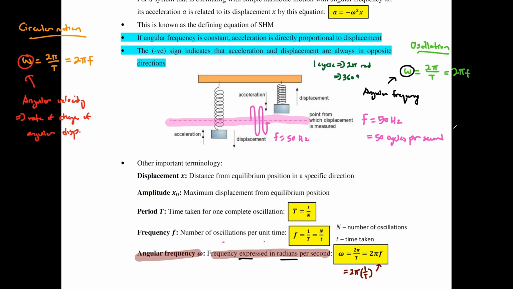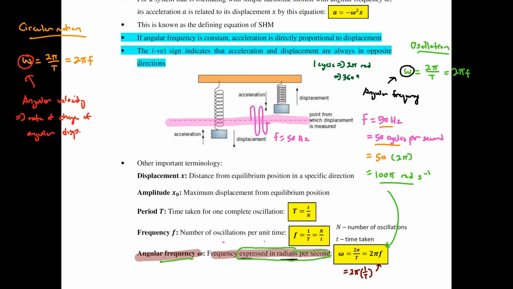So now, if I know that my frequency is 50 hertz, I have 50 cycles per second. If I take that 50 and multiply it with 2 pi, this will give me 100 pi radians per second. That's why we define 2 pi f as frequency expressed in radians per second.